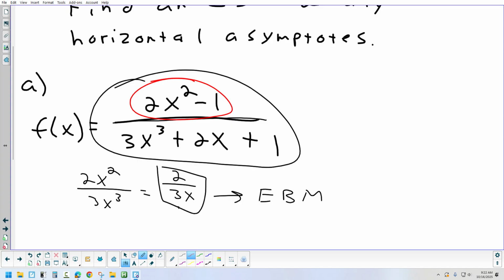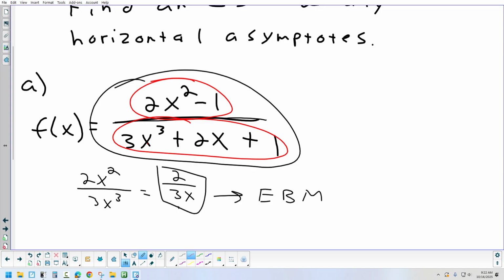Infinity. What about the denominator? As x gets bigger and bigger, what does the denominator approach? Infinity, yeah, the bottom would approach infinity.